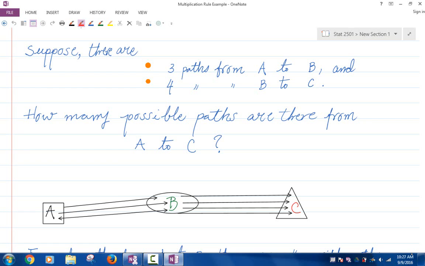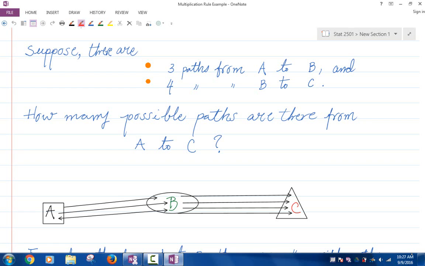Because there are 3 ways you can go from A to B, and for each way to go from A to B, you have 4 ways to go from B to C, the total number of ways to go from A to C would be 3 times 4.